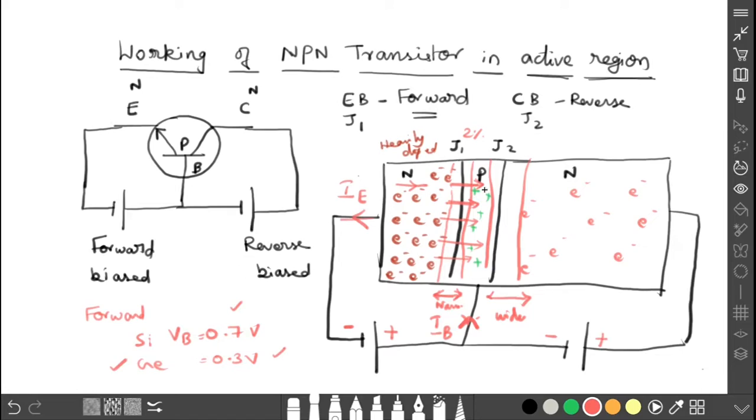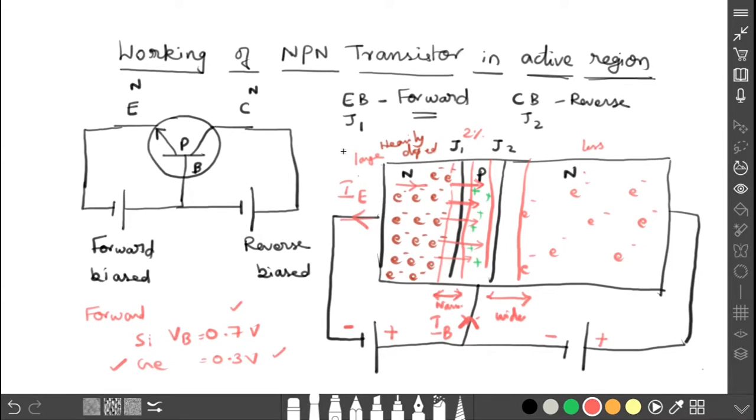After reaching the base, which contains very few holes due to its thin size and doping level, only 2% of these charge carriers will recombine, constituting the base current. For the remaining electrons, you see in the emitter there is a large concentration of electrons, but in the collector there are very few.